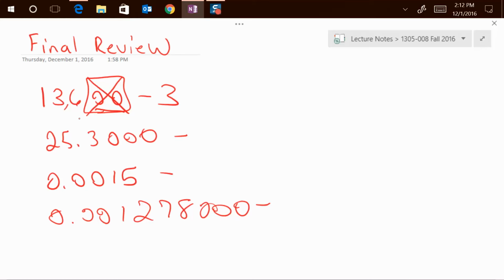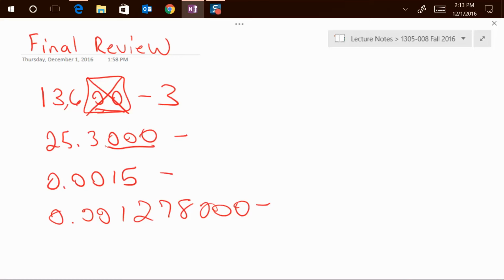So look at these zeros right here. Why did I write those? Because they're significant. Exactly. If I take those away, 25.3, 25.3000, those two are exactly the same, right?